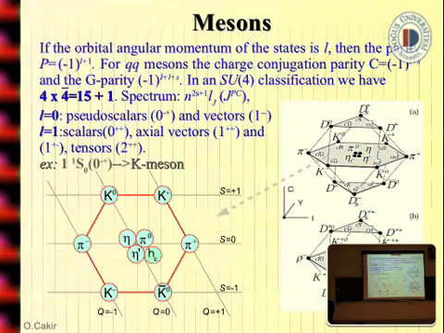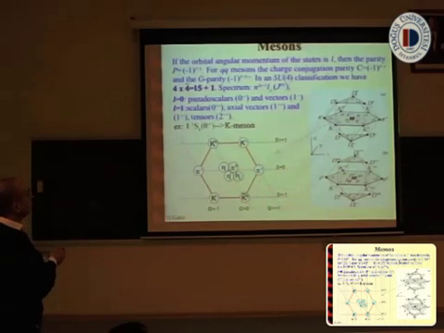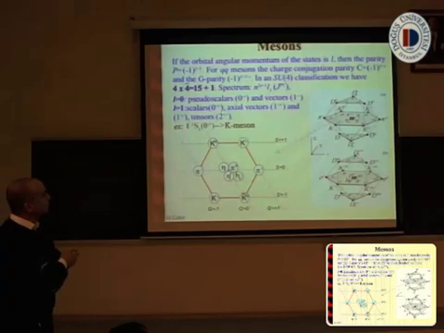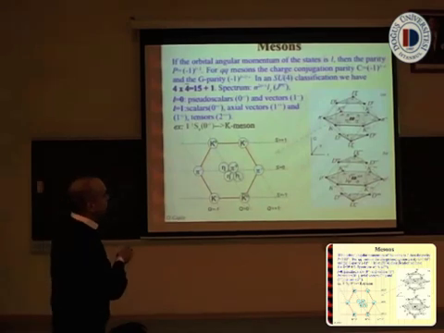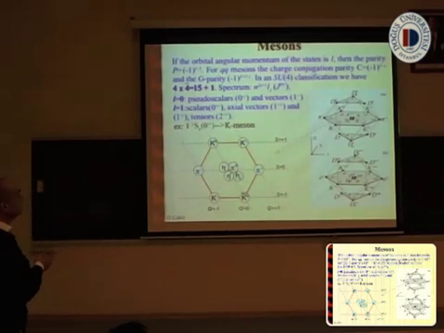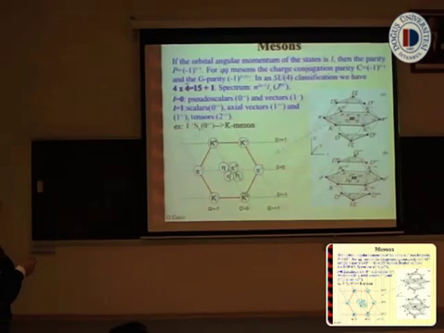Okay, hadrons means mesons and baryons. What are mesons? Mesons are grouped by some symmetry principle again. For example, if we label L for the orbital angular momentum, then parity is minus 1 to the L plus 1.